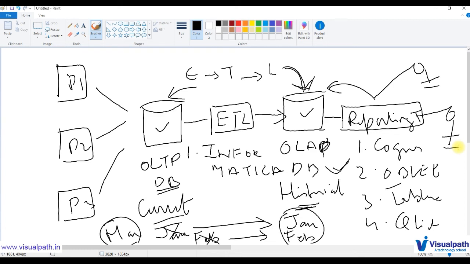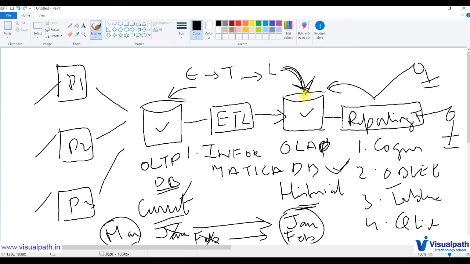So this is the whole flow, from where we start the data generation, to who needs it, and finally where it goes. As a source system, as a normal customer like us, we do some transactions, which move to my OLTP database. Using your ETL Informatica tool, I extract the data from the OLTP database, transform the data, and finally load my data with respect to different frequencies.